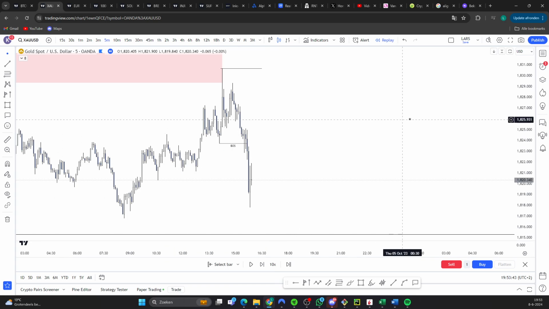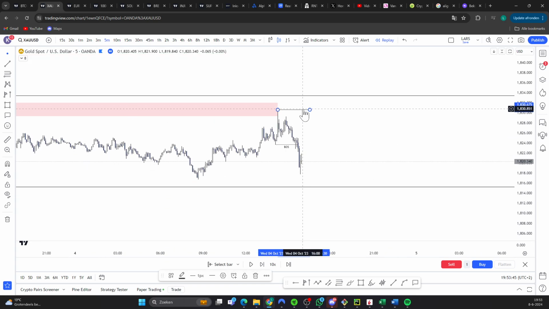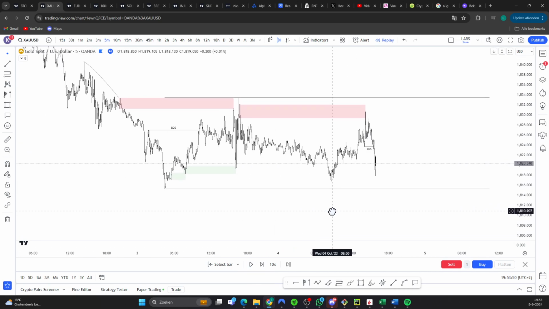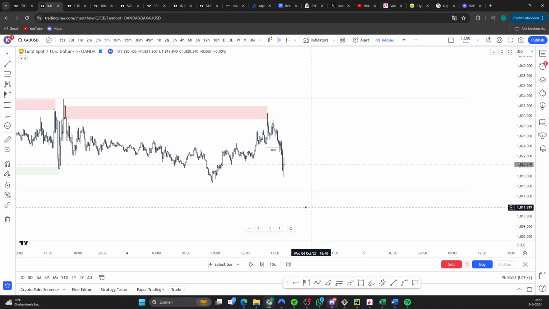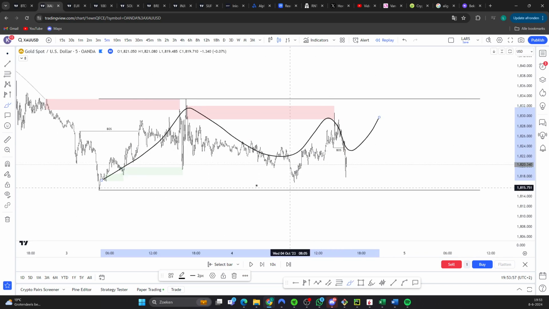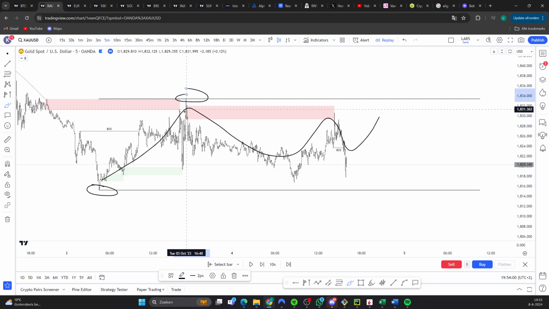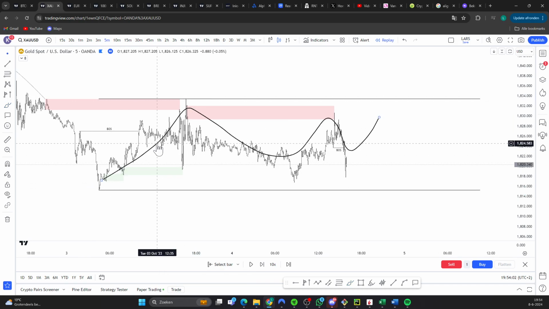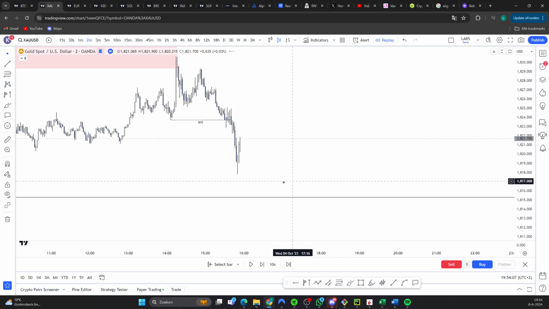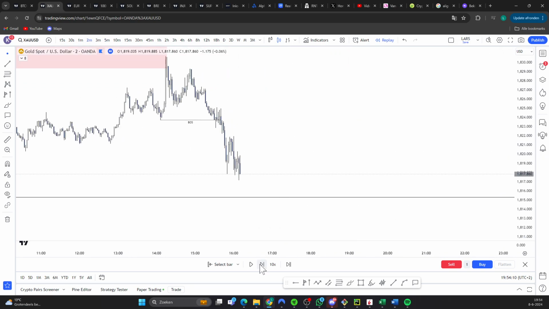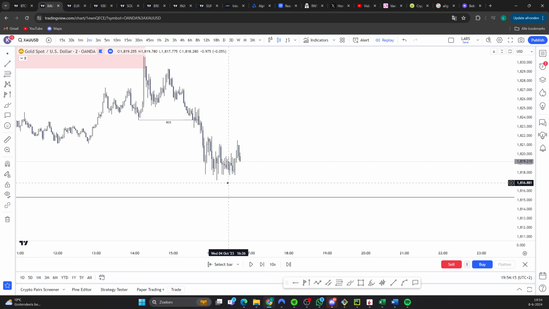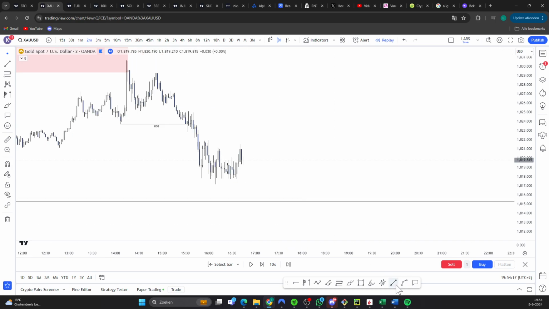We did get the break, but no confirmation. I do like how we're having the internal rotations because it's just building more and more liquidity for these 2 points. Very, very tight price action here.